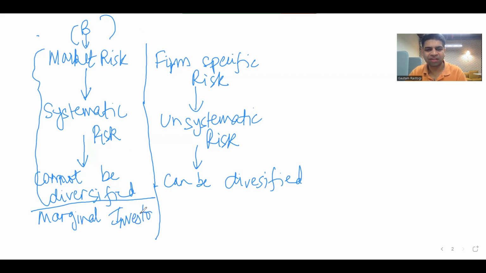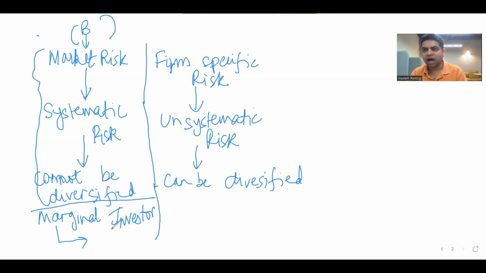So what is a marginal investor, by the way? Again, a finance word, jargon. A marginal investor is an investor who has a significant stake in a company. If they make a trade, their trade has the potential to move the price of the company.